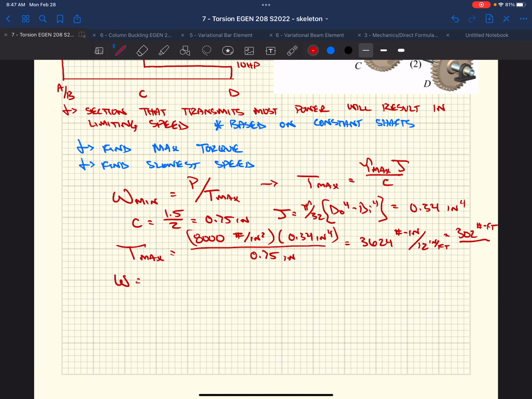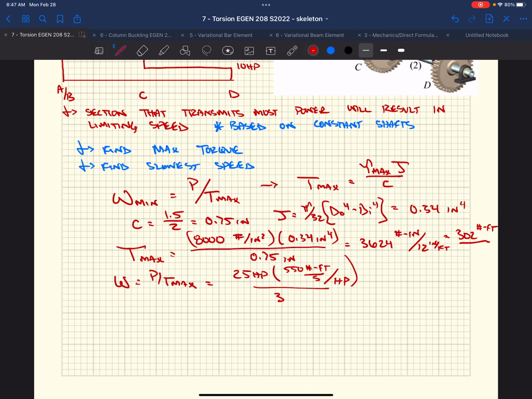We know omega is power over the maximum torque. We have 25 horsepower. I'm going to multiply this by 550 pound-feet per second per horsepower. And then we're going to divide all this by the maximum torque, or 302 pound-feet. We get 45.5 radians per second.